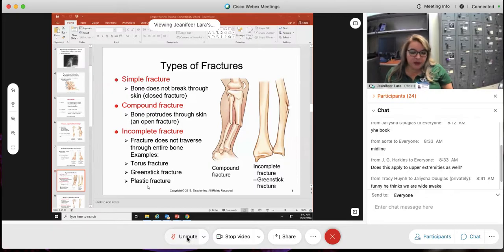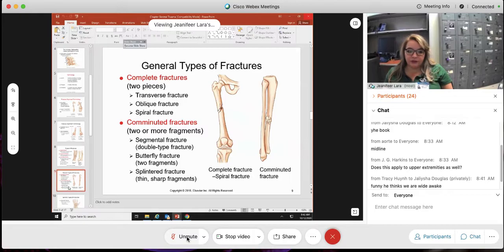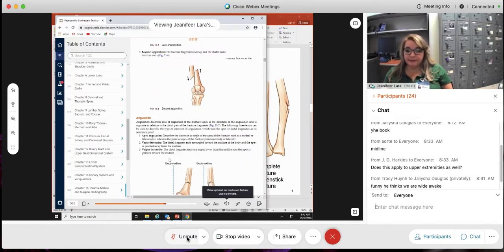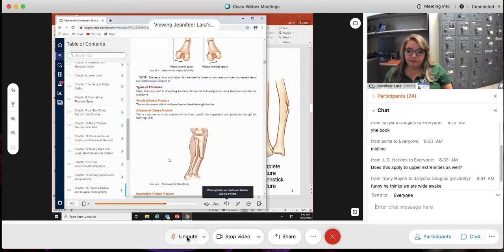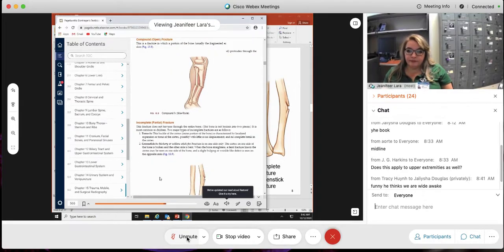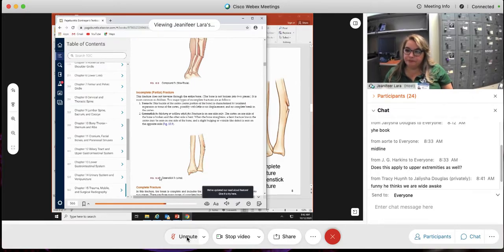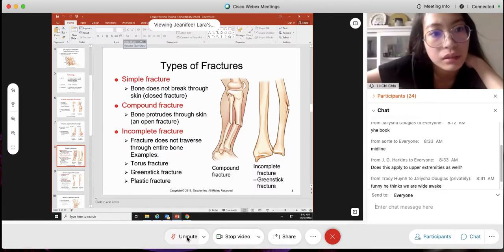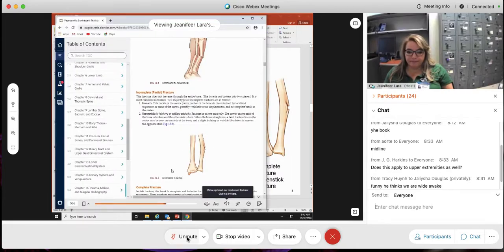In your book, it talks about the different definitions for those fractures, right? No? Yes? Right here. So please read. We're almost out of time. I couldn't find plastic fracture in the book. You couldn't find plastic fracture in the book? Oh, you're right. Okay. That's fine.